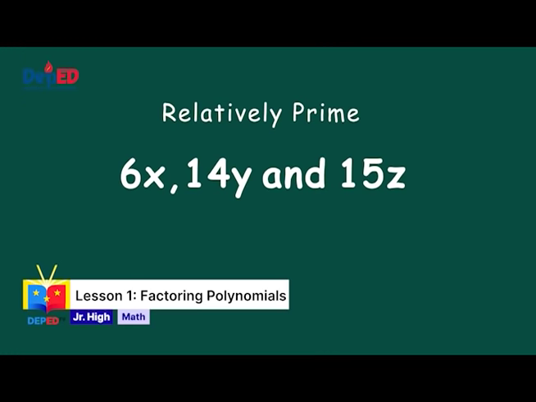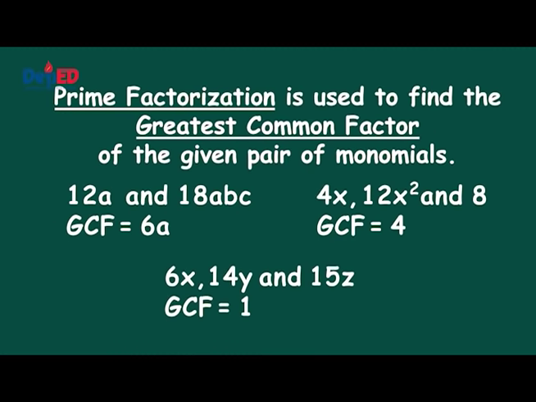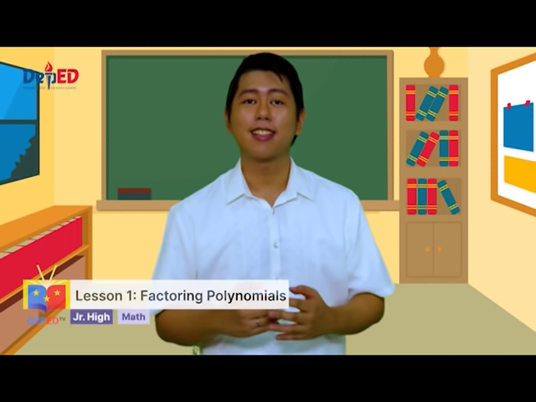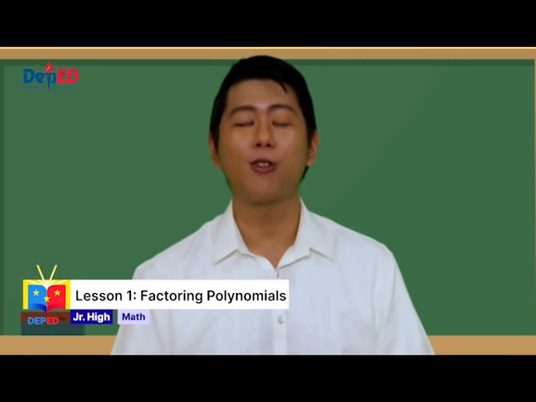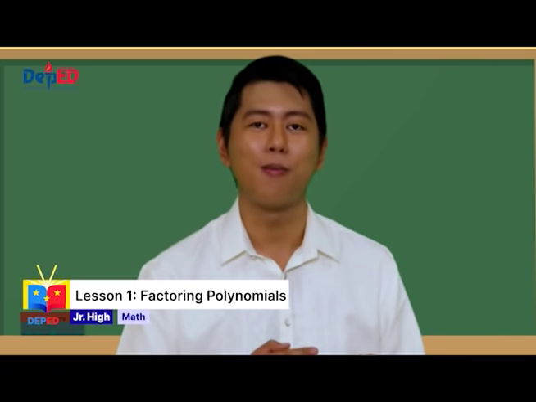Hence, the greatest common factor of 6x, 14y, and 15z is 1. Notice that in the previous examples, prime factorization is used to find the greatest common factor of the given pair of monomials. The next examples illustrate how to factor polynomials by getting the greatest common monomial factor.